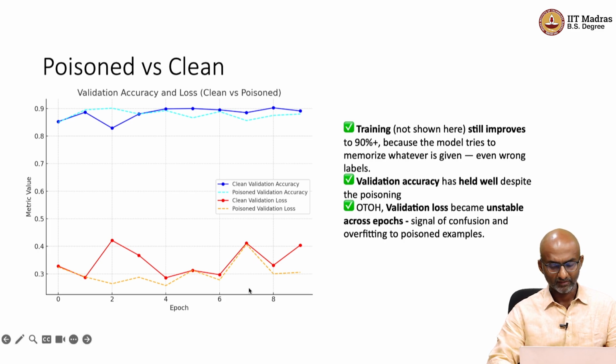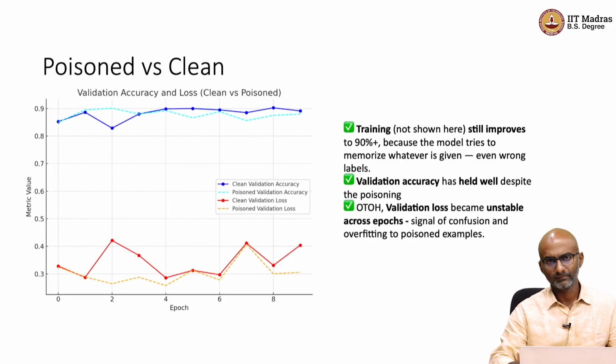But then on the validation set, the loss and the accuracy starts to show. So the accuracy for the validation looks okay, even though the poisoning was happening, but the loss goes through significant ups and downs, right? So this shows a bit of confusion happening given the contrarian examples that the poisoning introduced.